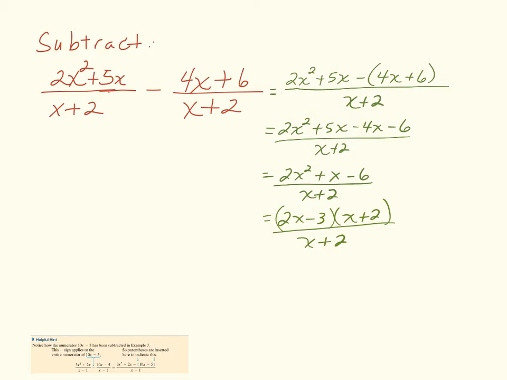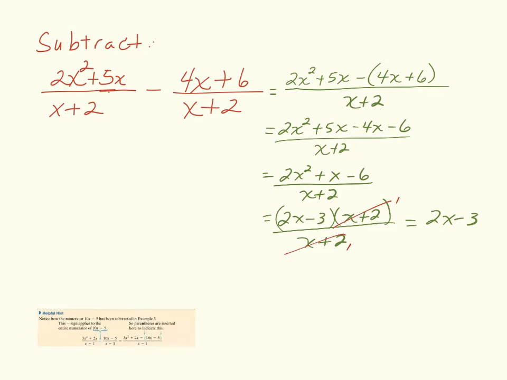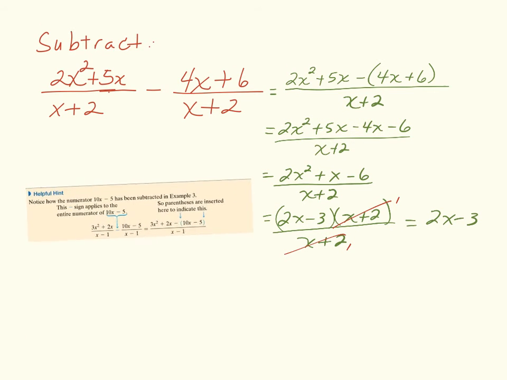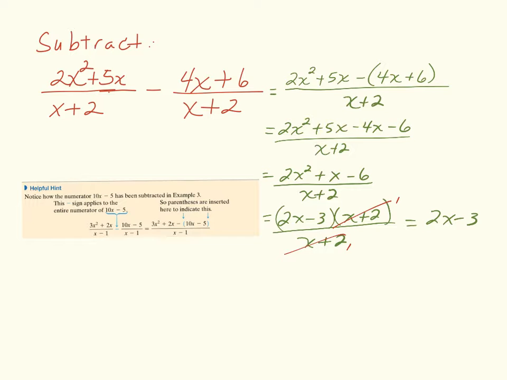And then the x plus 2's cancel. And we end up with 2x minus 3. Okay, once again, you cannot forget that the subtraction has taken place here, and that you have to subtract the whole numerator.